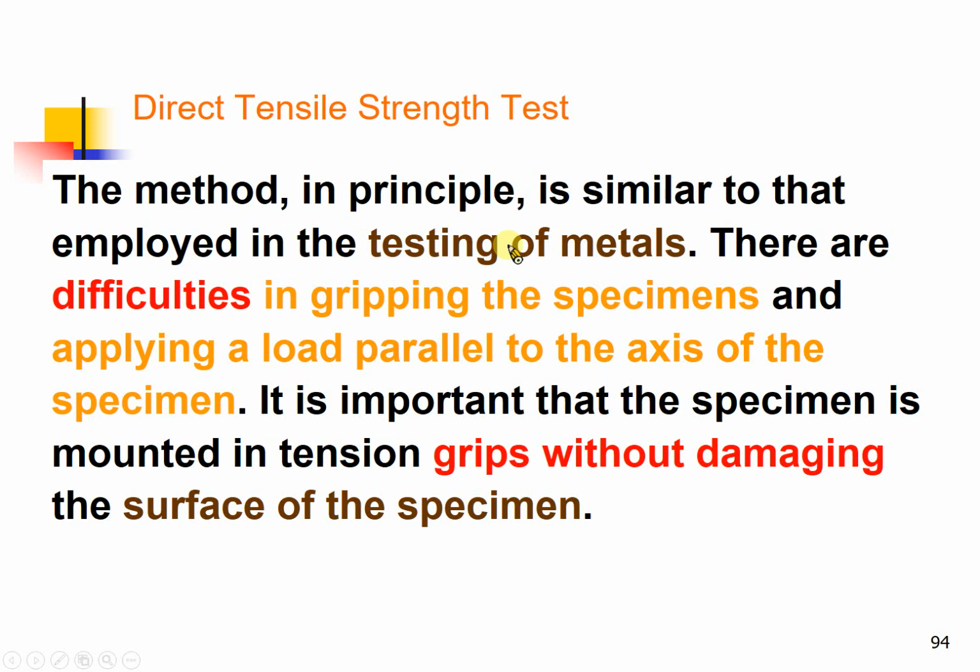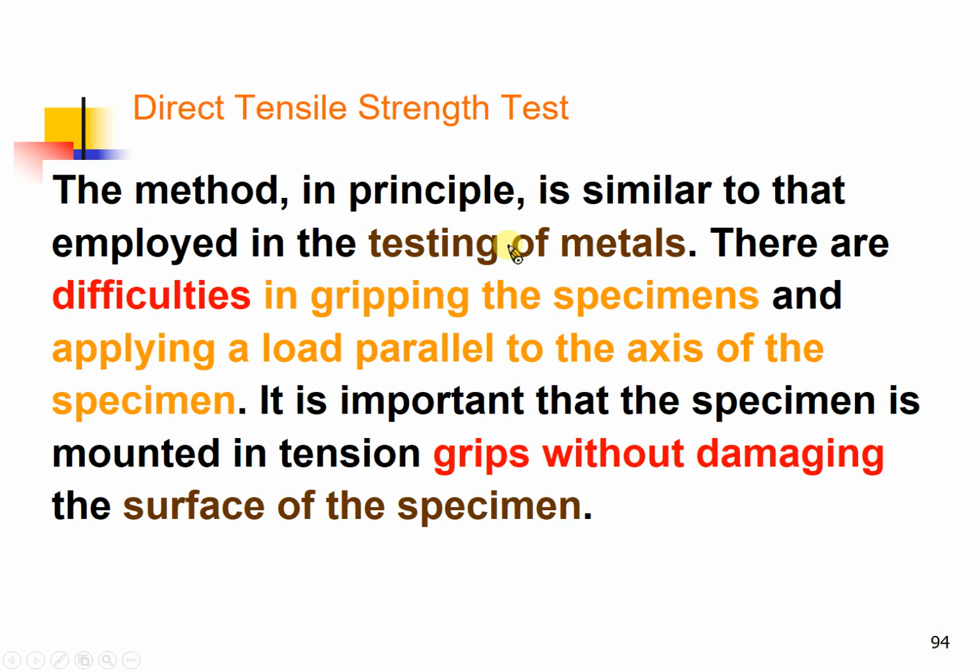So the tensile strength test will have 2 different groups. The first group will be the direct tensile strength test, and the second group will be the indirect tensile strength test. For the indirect tensile strength test, we will have 2 typical ways to measure the tensile strength of rock.